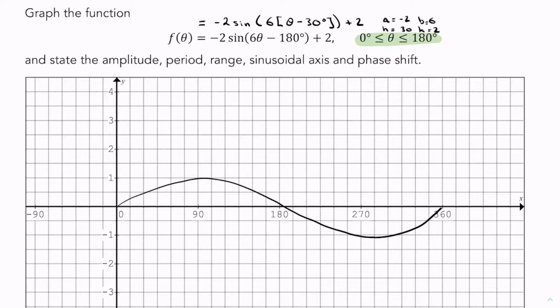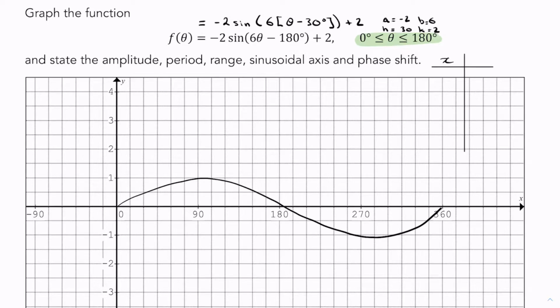And our new one is going to be stretched and transformed accordingly. So how shall we start? Well, I'm going to begin by doing my table of values. I find this is the easiest way. Again, as you get better, you build an intuition on how to graph these without doing a table of values. You can just kind of eyeball it.